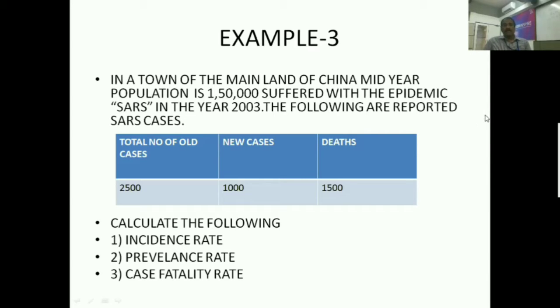The total number of old cases is 2,500, the new cases are 1,000 and the number of deaths is 1,500. Calculate the following: first one, incidence rate; second one, prevalence rate; and the third one is case fatality rate. You try to solve on your own. Take this data and try to solve it.